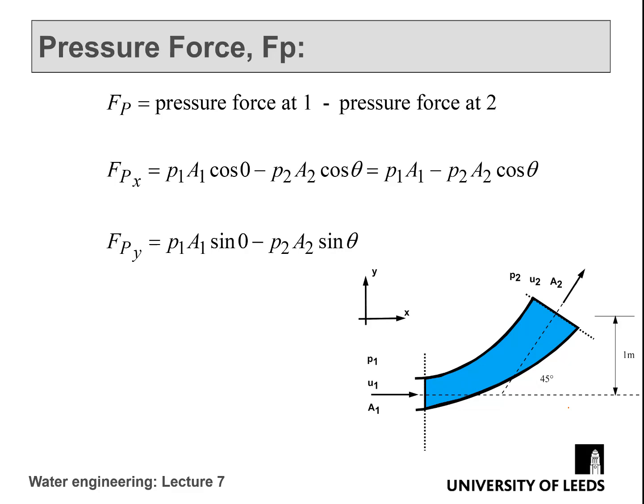And FPY: P1A1 sine theta, which is 0, drops out because sine 0 is 0, minus P2A2 sine theta, where theta is 45. So we're going to have minus P2A2 sine theta.